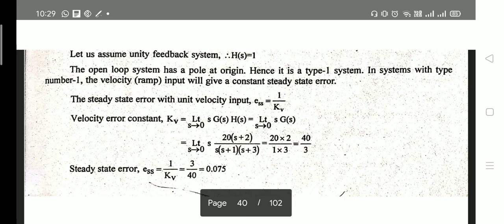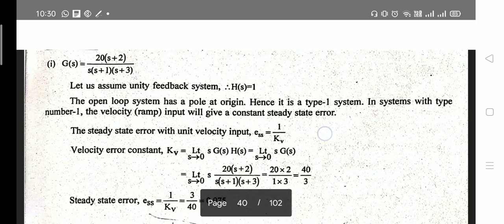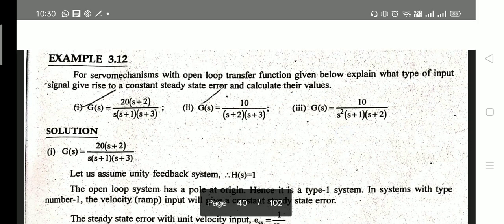But the steady state error formula is e_ss equal to 1 by Kv. So from this the value is 3 by 40, that is 0.075.